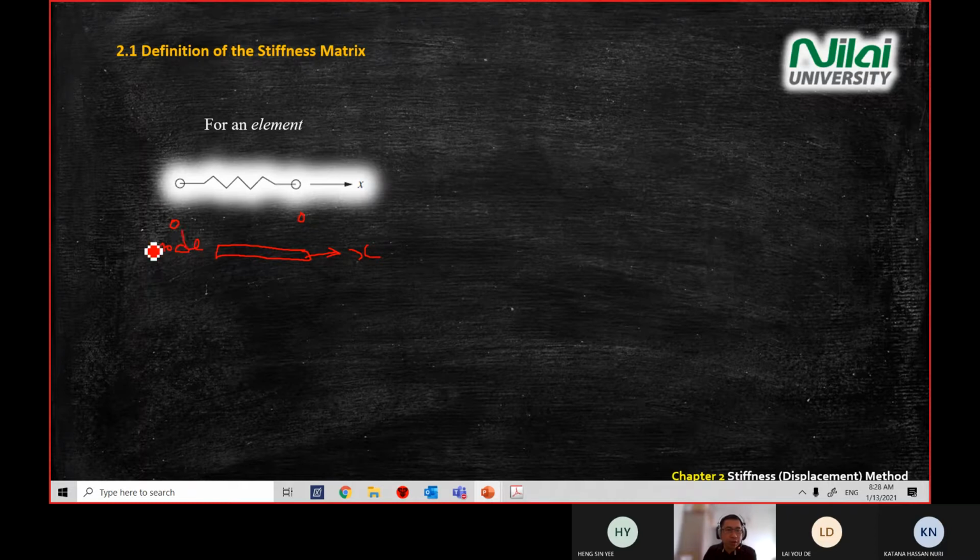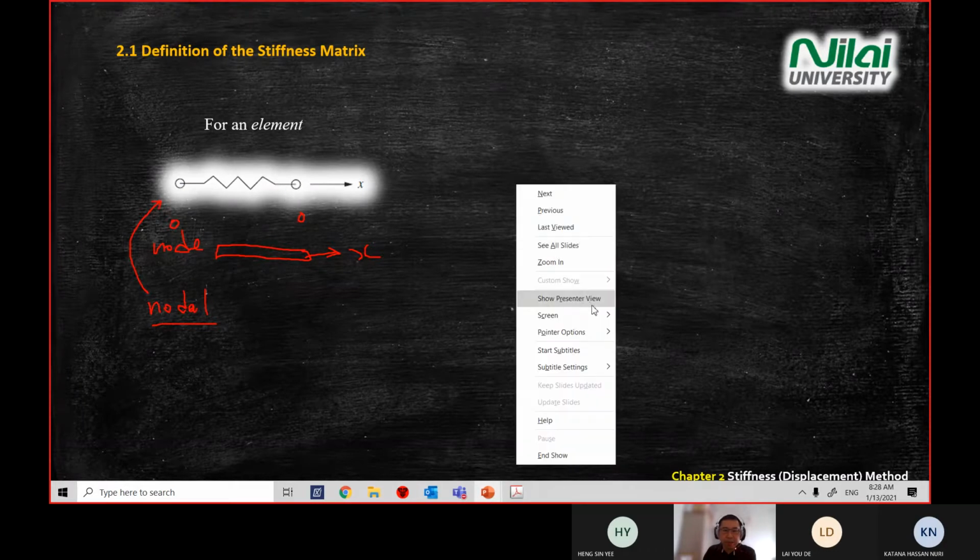Sometimes you need to draw your system into a free body diagram in nodal representation. So if you see the keyword nodal, then this means you need to focus on something with a small circle like this.